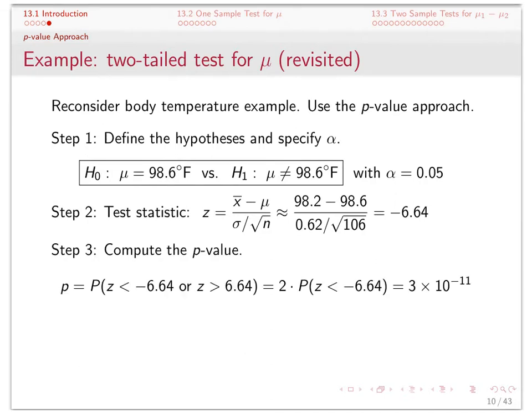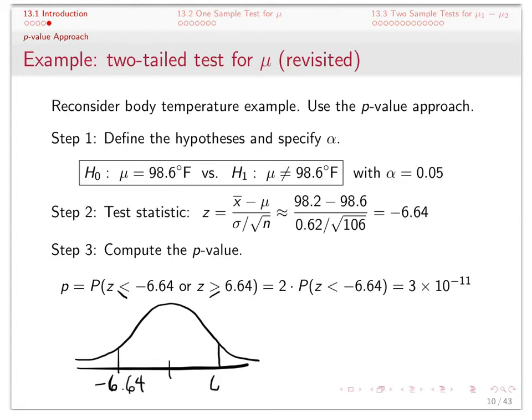Next, we'll compute the p-value. Remember, the p-value is the probability of getting a test statistic as extreme or more extreme than the one that we've observed. So that means we're interested in the probability that our z-score is either less than or equal to negative 6.64 or greater than or equal to positive 6.64. And that's because, remember, we are doing a two-tailed test. So if we're thinking about equally extreme or more extreme, we observed a test statistic of negative 6.64.